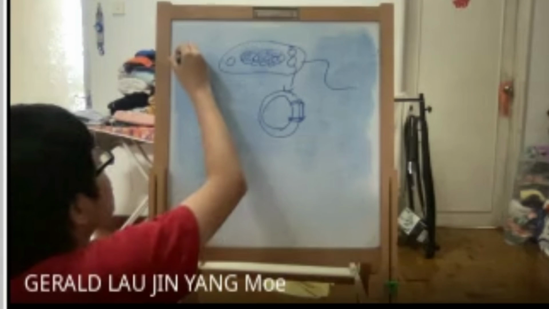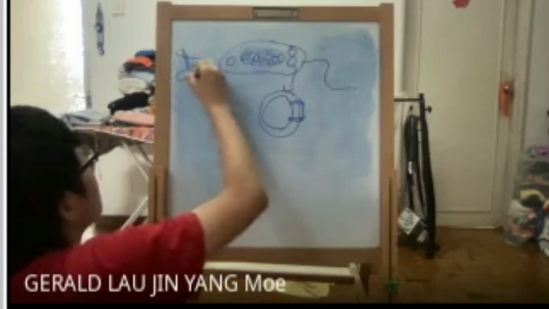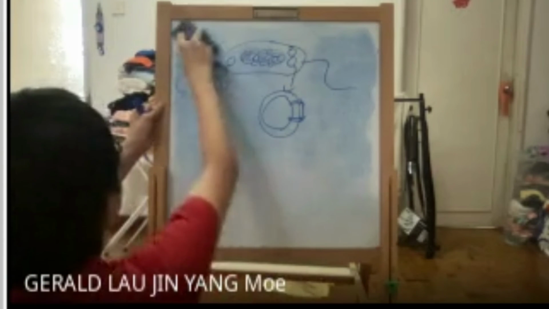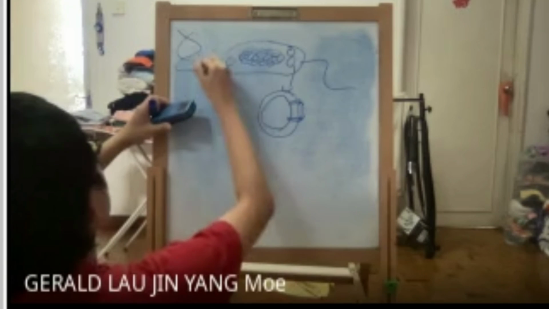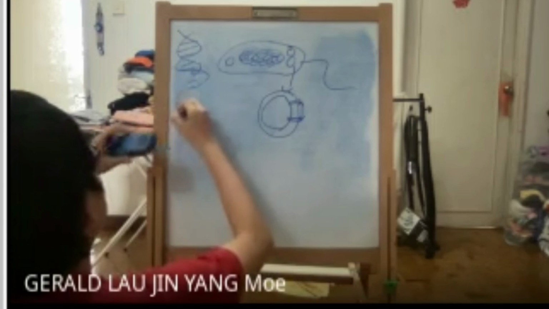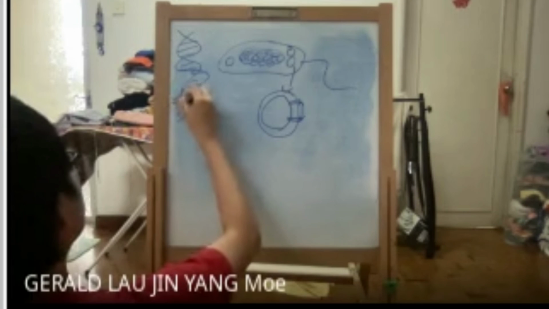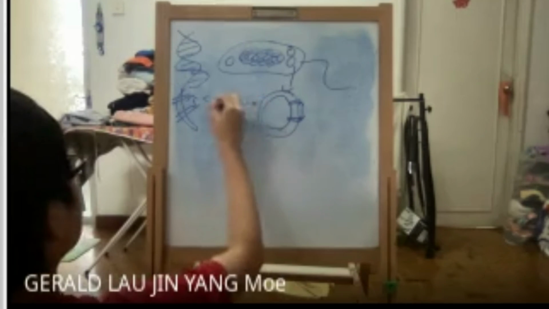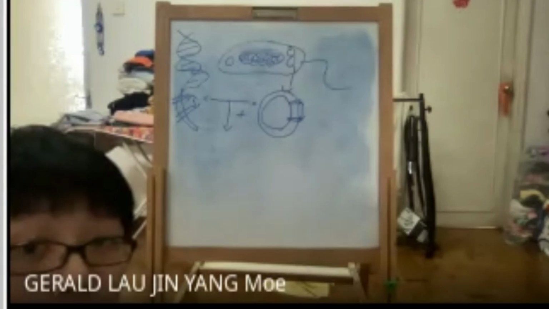The human gene, the gene in the human DNA, is also cut with restriction enzyme. Then I add this one and this one together.